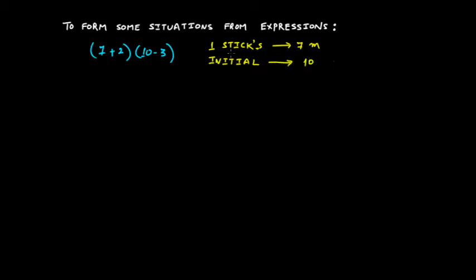So for a single stick the length was 7 meter, and there were a total of 10 sticks. So what would be the total length of all those sticks combined together?